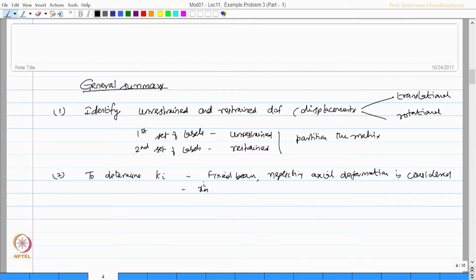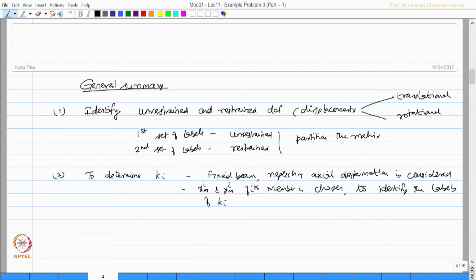Xm and Ym of the ith member is chosen to identify the labels of the stiffness matrix of the ith member.